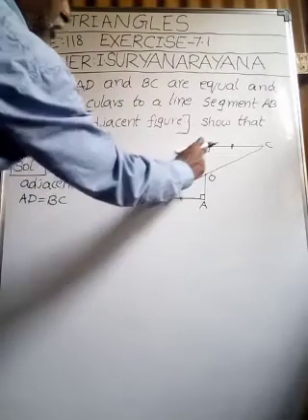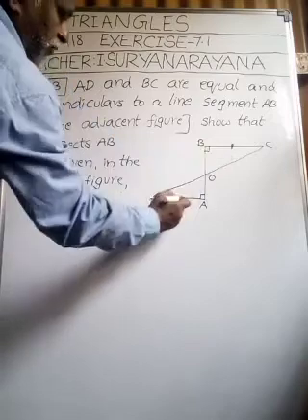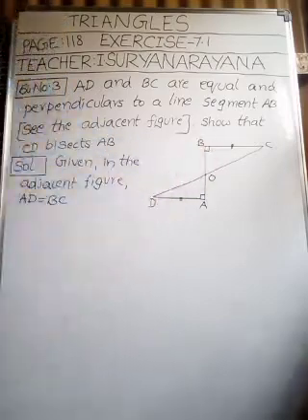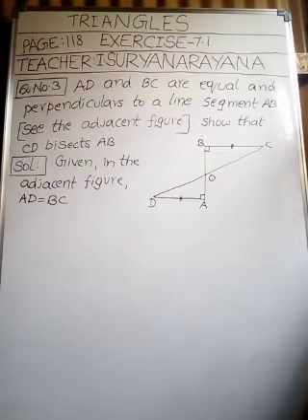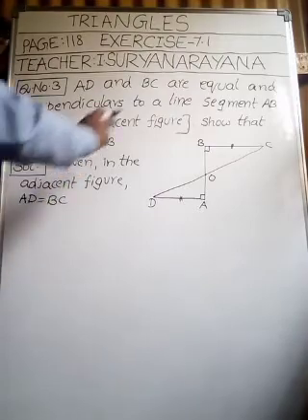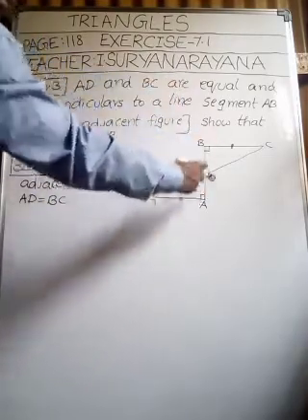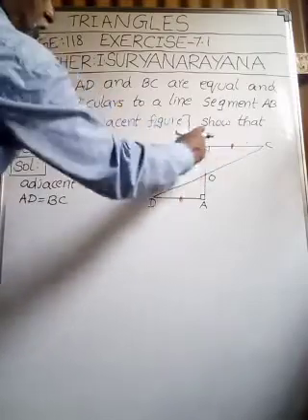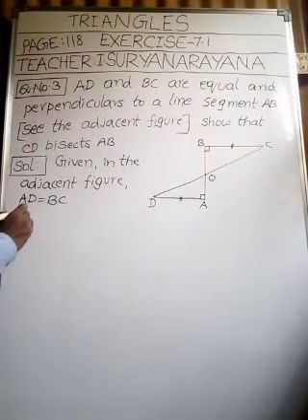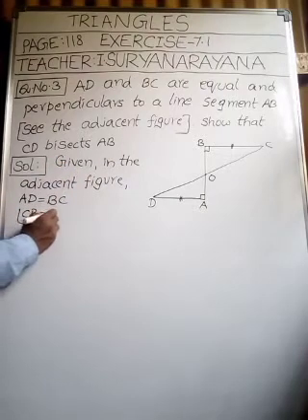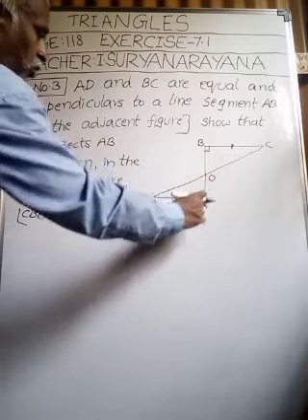So AD and BC are marked by the same. Okay, my dear children? Right. And these are perpendiculars. The line segment is perpendicular to the BC and AD. Angle CBO is equal to angle OAD.